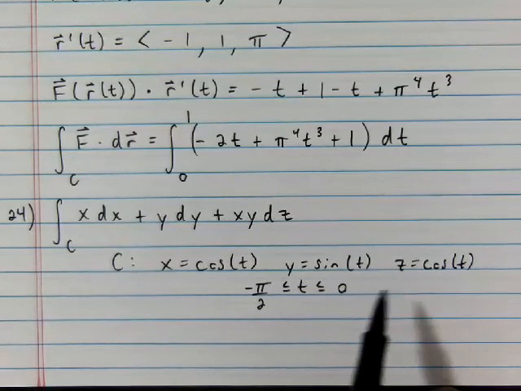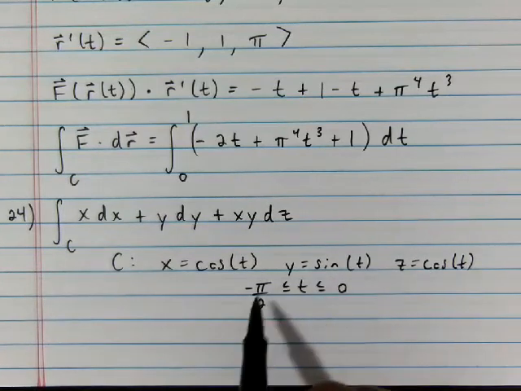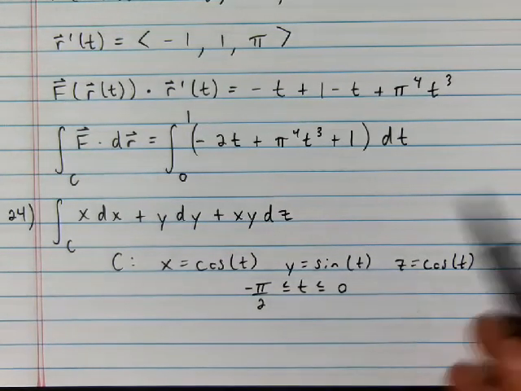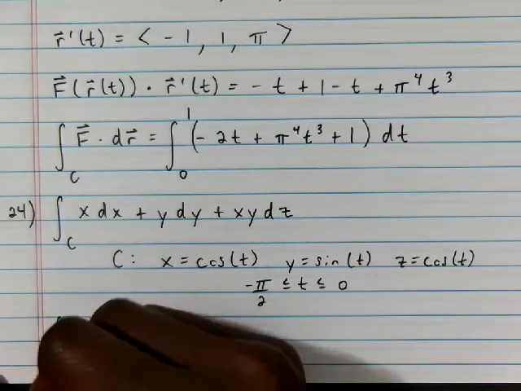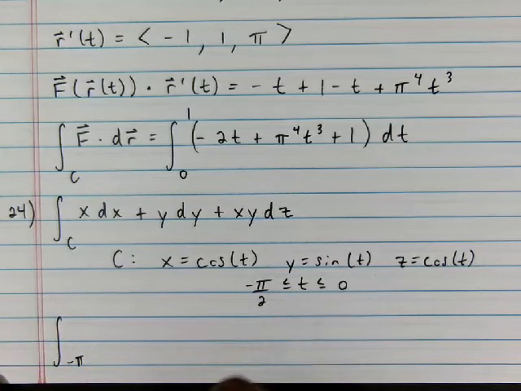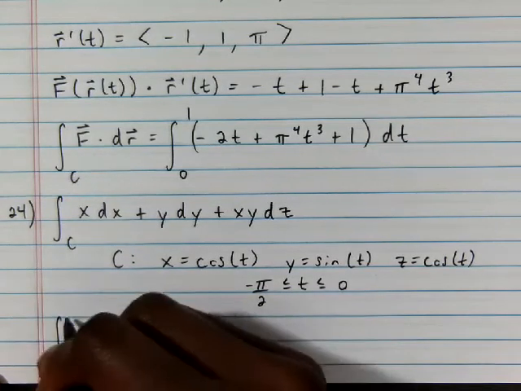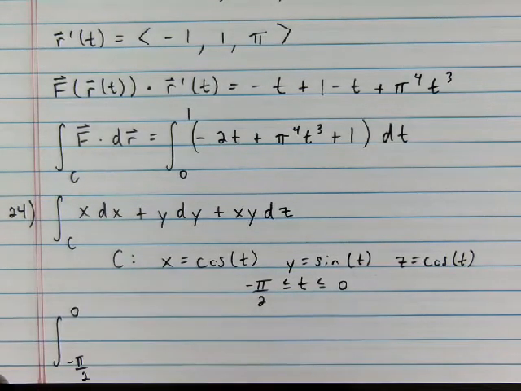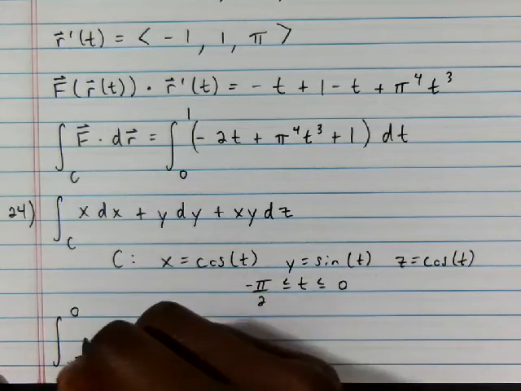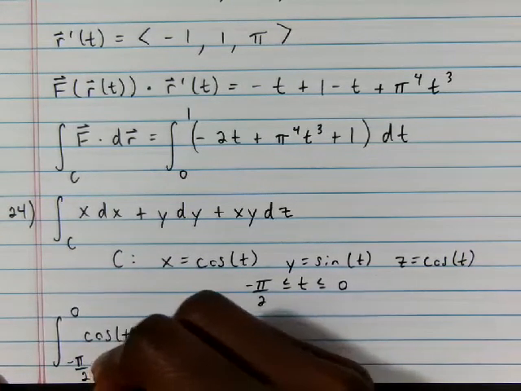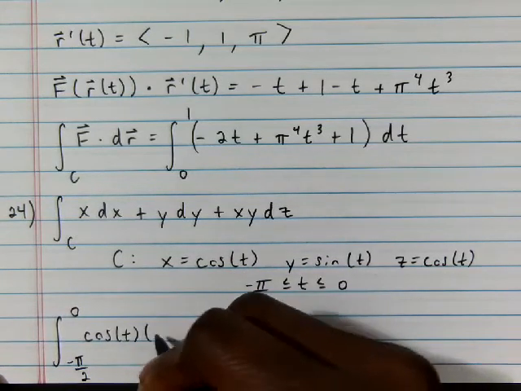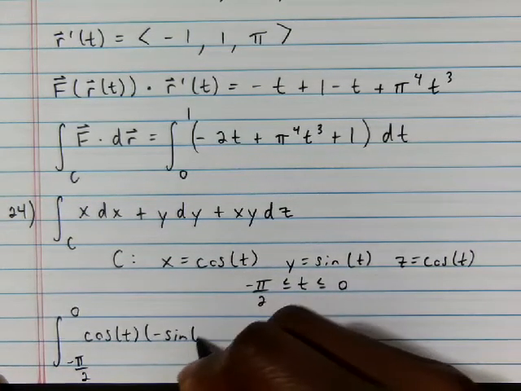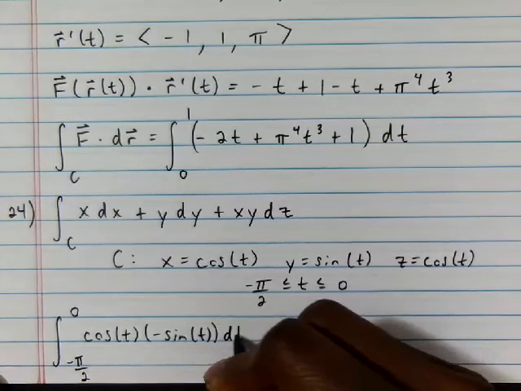We put all that in, and we're going to integrate that from negative pi over 2 to 0. All right, so our integral is from negative pi over 2 to 0 of x, which is cosine t, times dx, which is negative sine t dt.